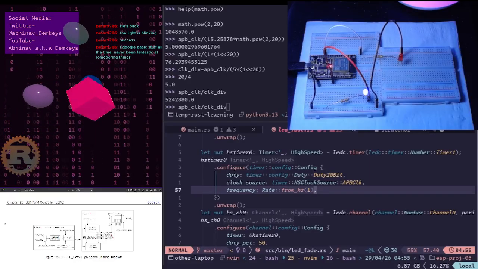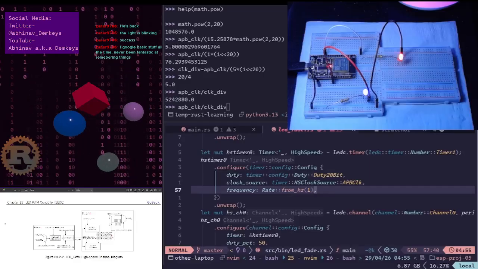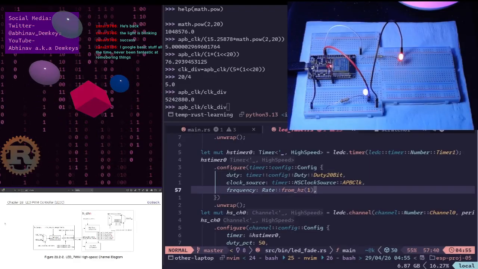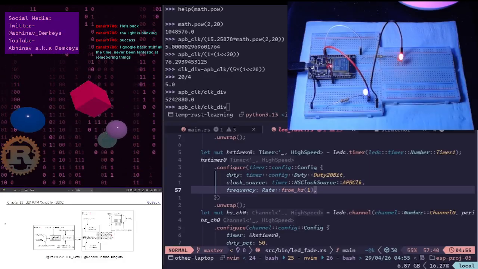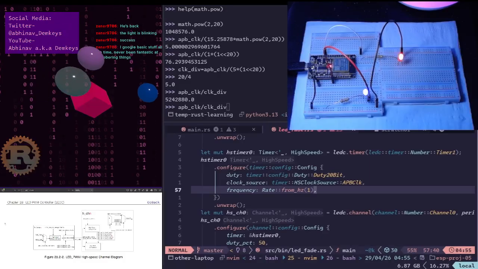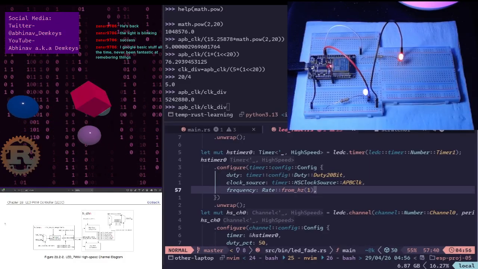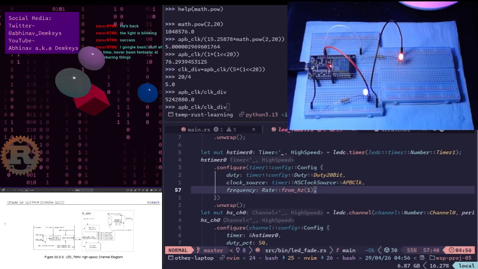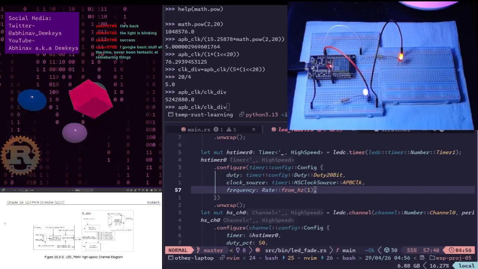Wait, okay. So am I getting this right? The fractional divider also has a counter, but in that case, the counter max value is being decided by the divider value, or division factor.